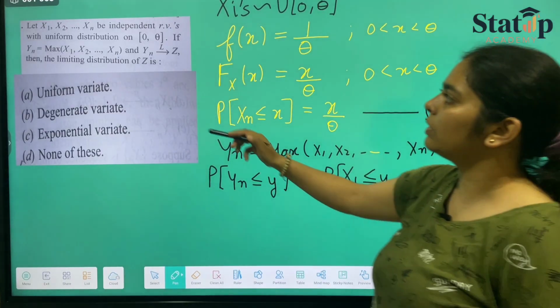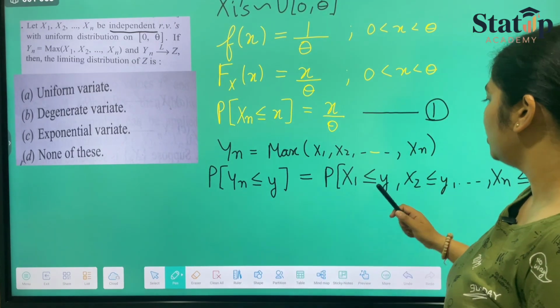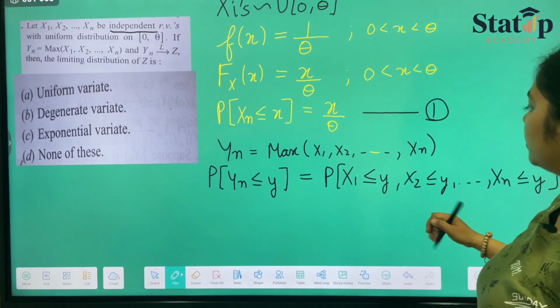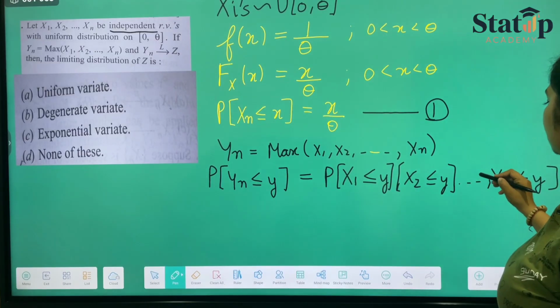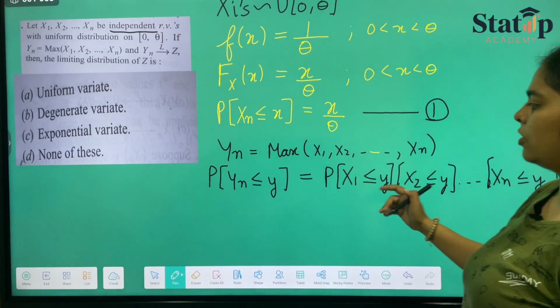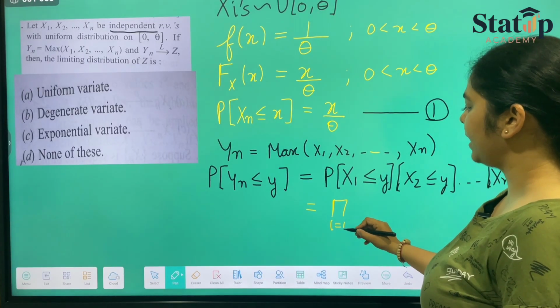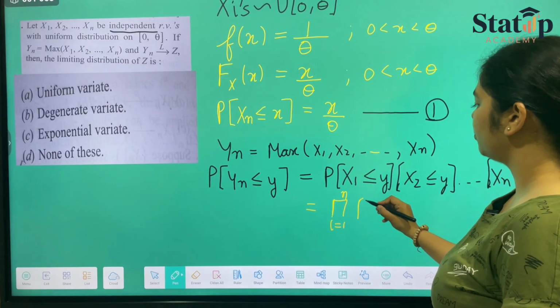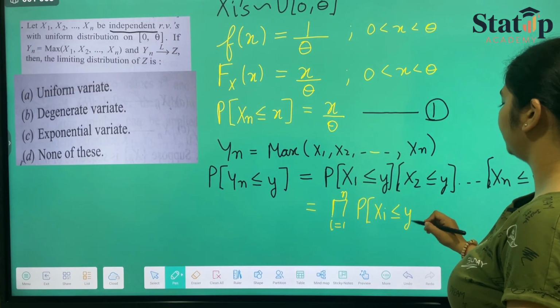But they have given us that all of these random variables are independently distributed. So instead of writing them differently, we can write them like this, as the product from i goes from 1 to n of the probability that Xi is less than or equal to y.